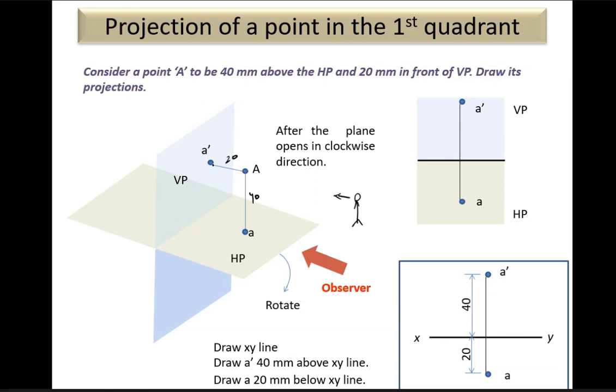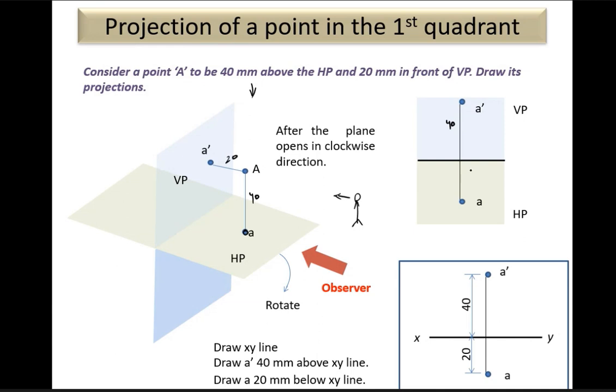He will see a point on the vertical plane, and if we observe it from the top, we'll get a point over here also, right? So this distance will be 20 mm and this will be 40 mm. So we'll get a 40 mm line over here, and we open it in the clockwise direction.